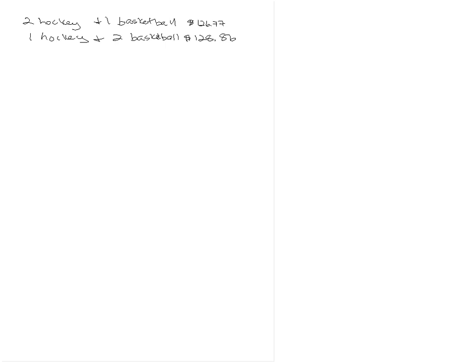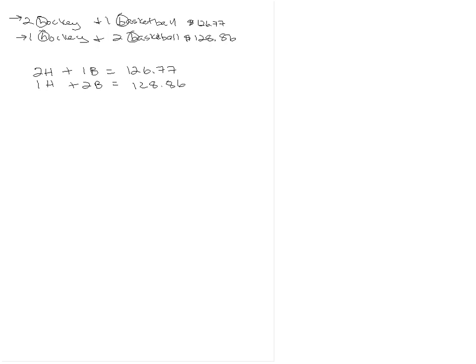Well, this is one question, this is the other. We obviously have hockey tickets and basketball tickets, so we use H and B. 2 hockey plus 1 basketball equals $126.77, whereas 1 hockey and 2 basketball equals $128.86.